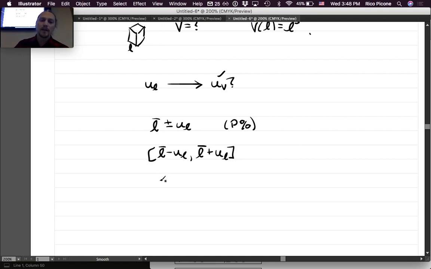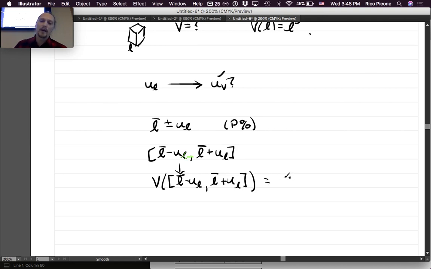What you want to know is how that turns into a new interval. And what you can do is literally plop this into the function and compute the 2 limits on the interval in your estimate of V. You drop in L minus UL for the lower bound, and L plus UL for the upper bound.